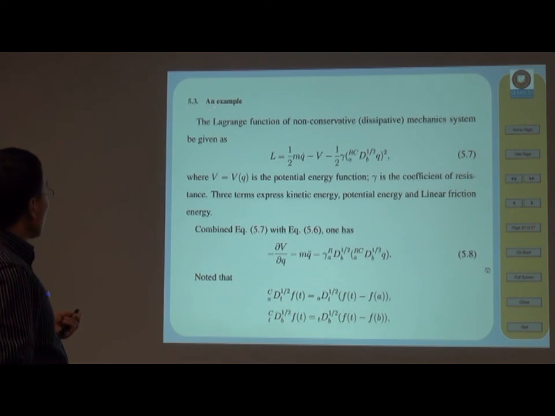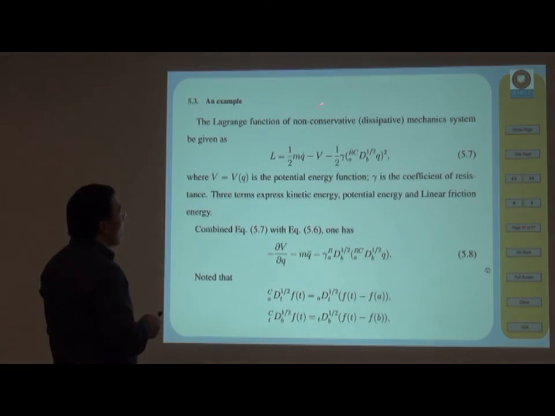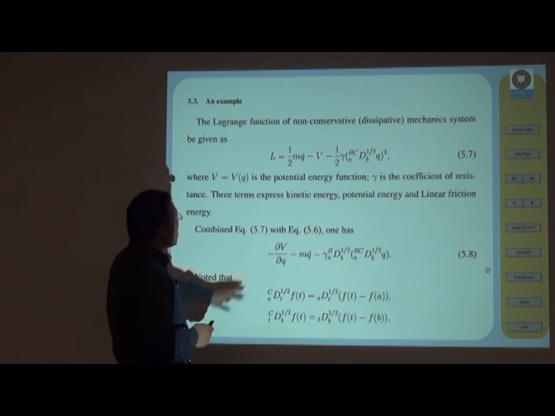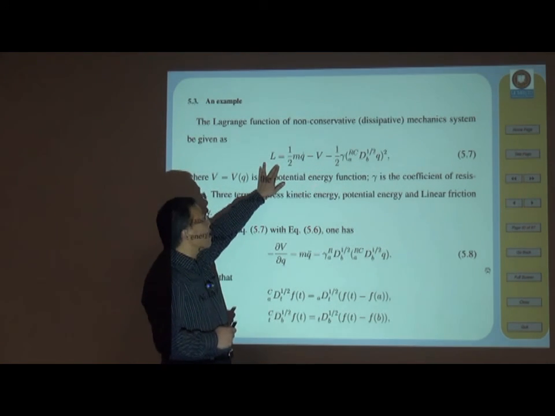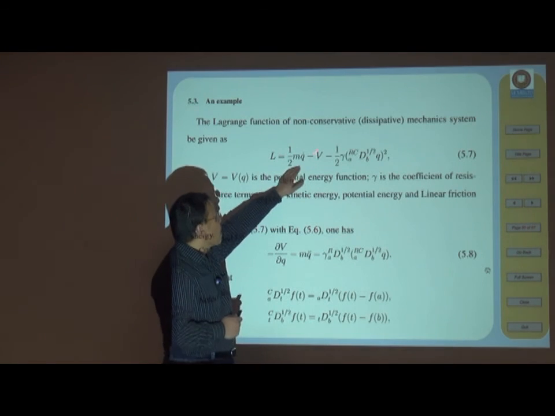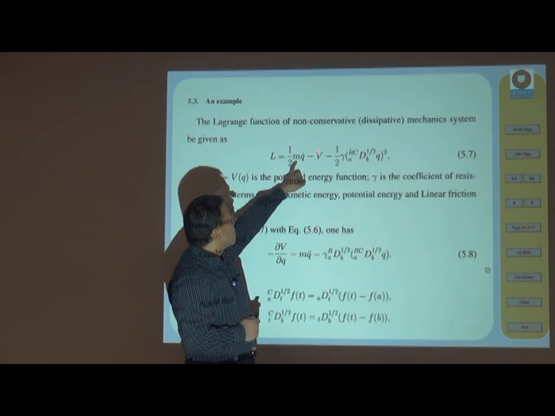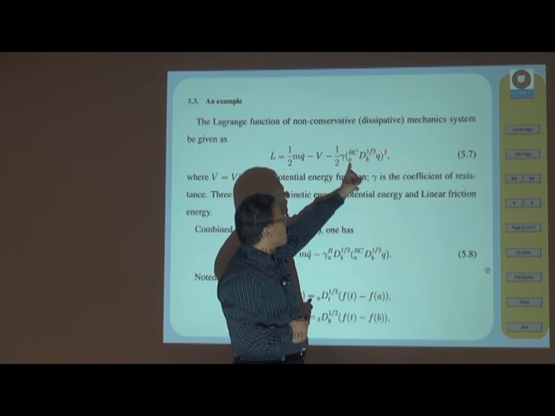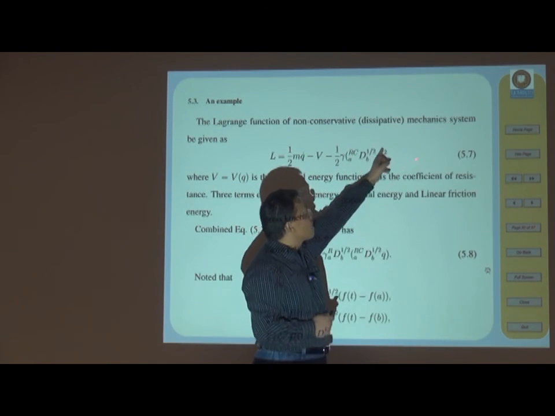And at last, we give an example. The Lagrange function of a non-conservative dissipative mechanical system is given as this, and the Lagrange function L equals this, with m. And here is the Riesz-Caputo derivative.